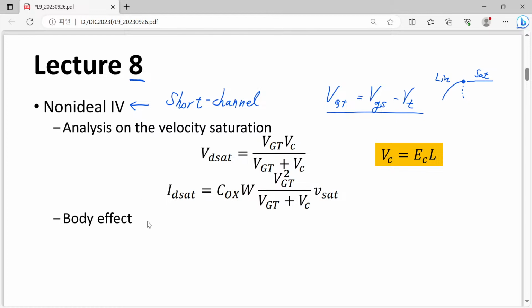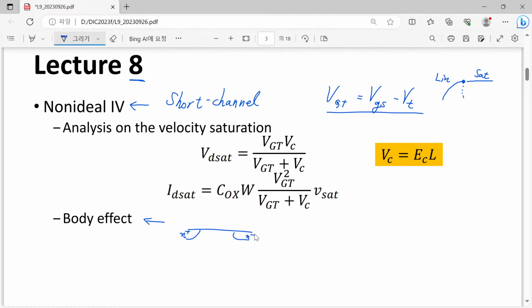At the end of our previous lecture we thought about the body effect. We have the PN junction between source and substrate and between drain and substrate.